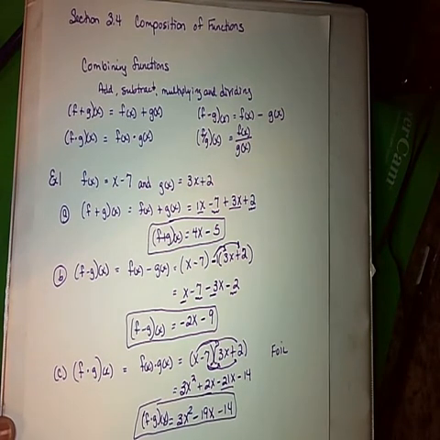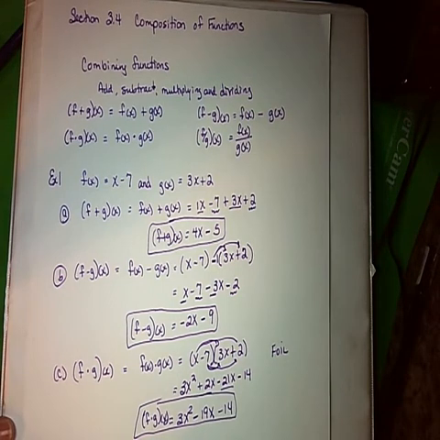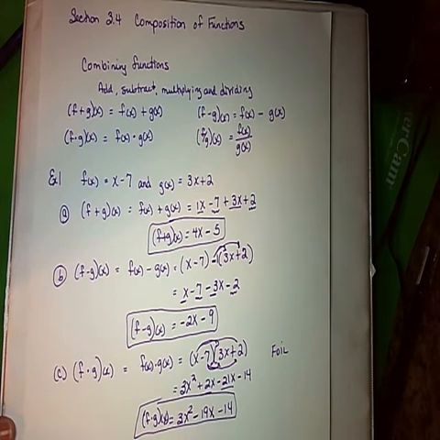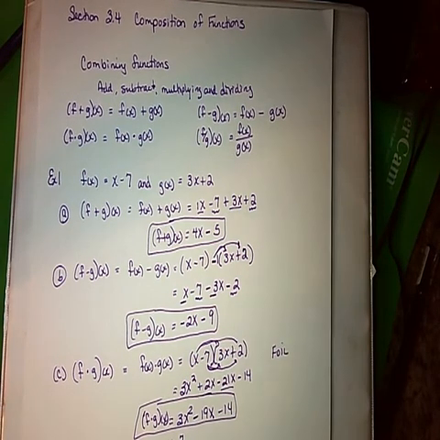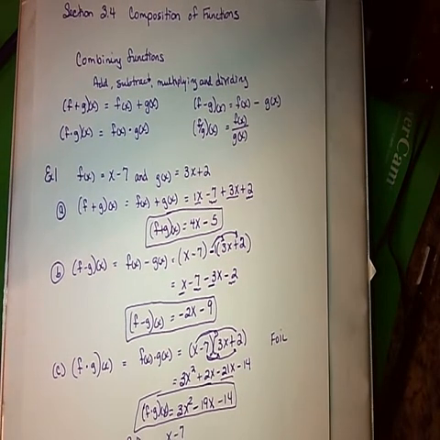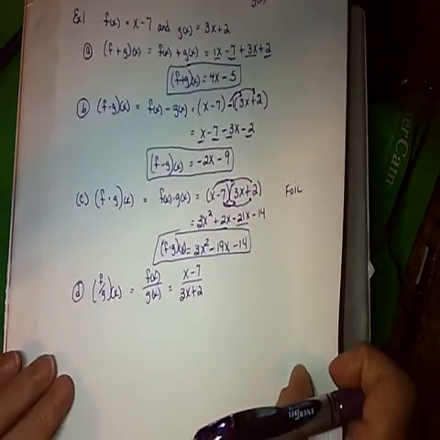And then to divide the f and the g, it's f of x over g of x. f of x is x minus 7. g of x is 3x plus 2.